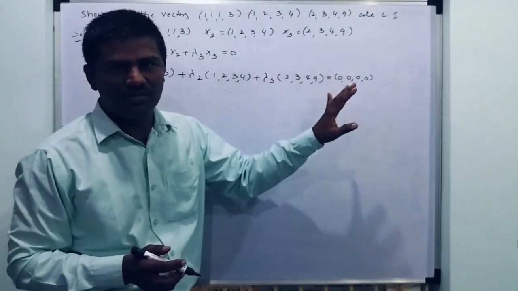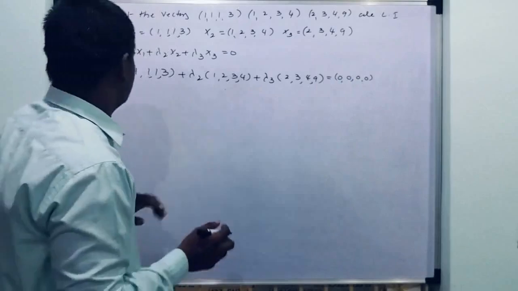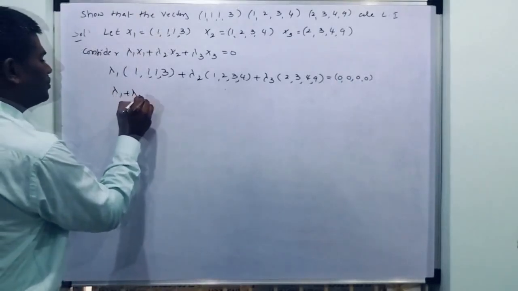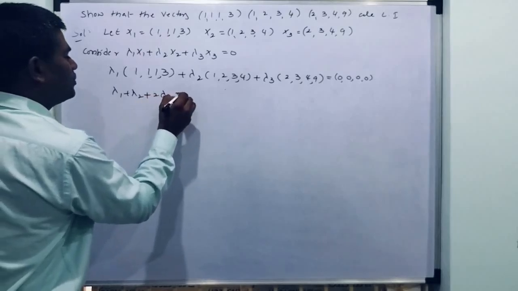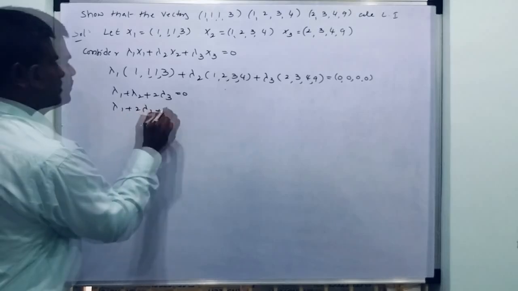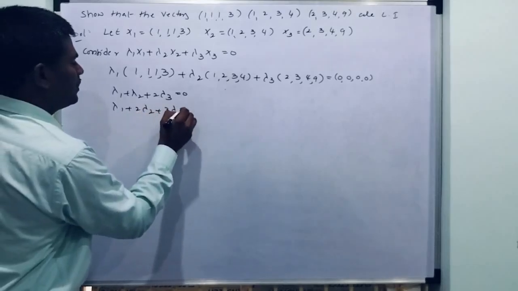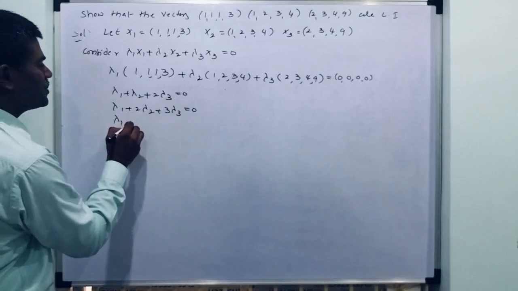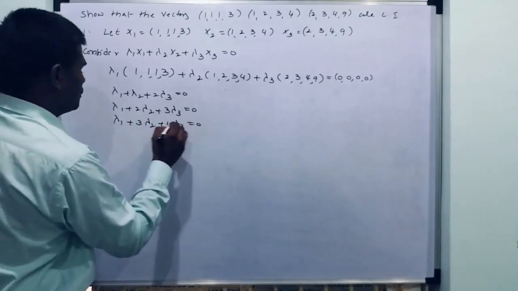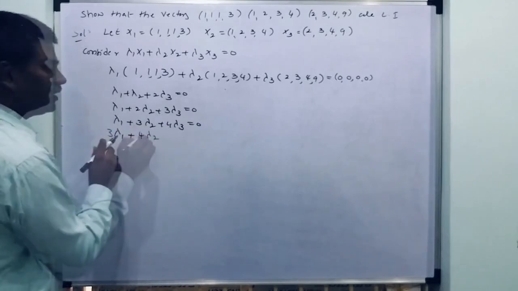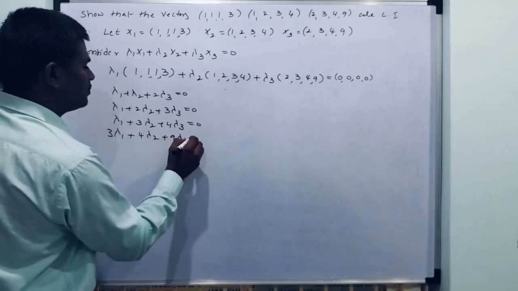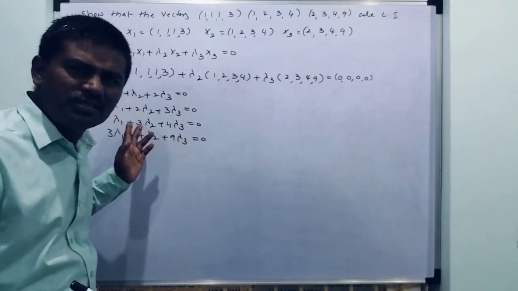These are the equations. So let me write the equations. Lambda 1 plus lambda 2 plus 2 lambda 3 equal to 0. Lambda 1 plus 2 lambda 2 plus 3 lambda 3 equal to 0. Lambda 1 plus 3 lambda 2 plus 4 lambda 3 equal to 0. 3 lambda 1 plus 4 lambda 2 plus 9 lambda 3 is equal to 0. This is a homogeneous system of equations.